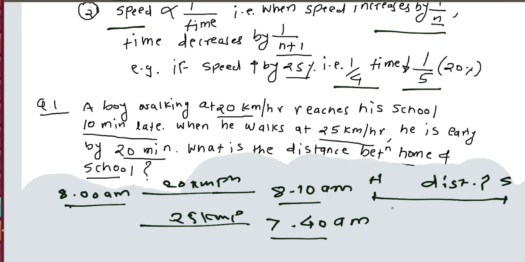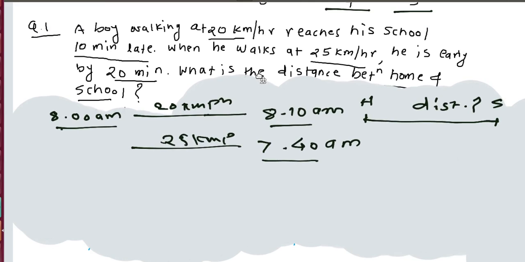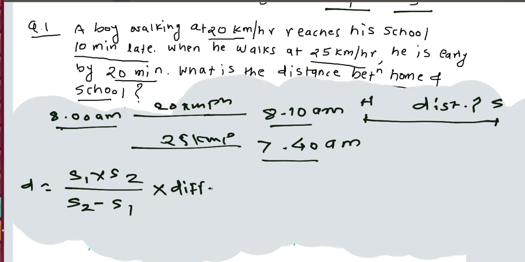As we have just seen, in such cases we can use many ways to solve this question, but here we'll use two ways. The first way: distance is equal to, as I just told the formula, the product of the initial speed and final speed, divided by s2 minus s1 if s2 is greater than s1, into the difference between arrival times.